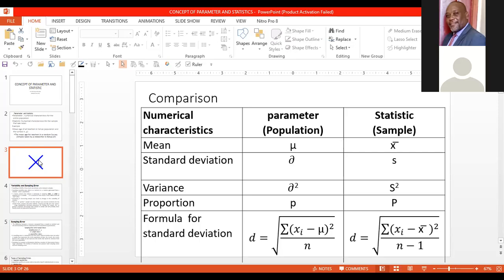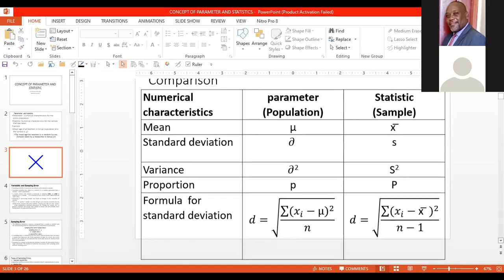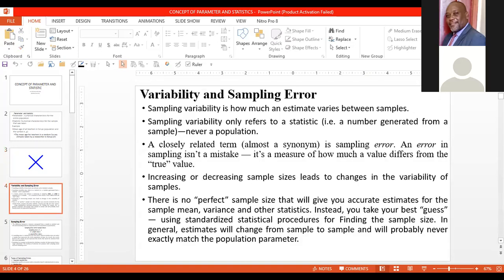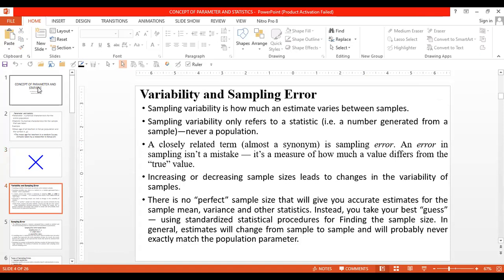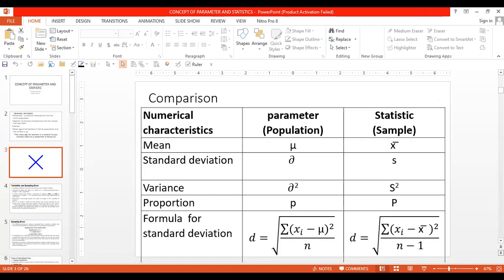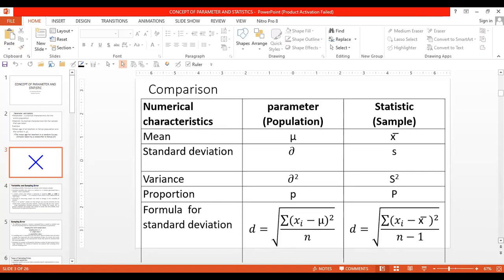When we are using the proportion, then for both of them we'll take P and P. And for their formulas, the formulas will be a little bit different.